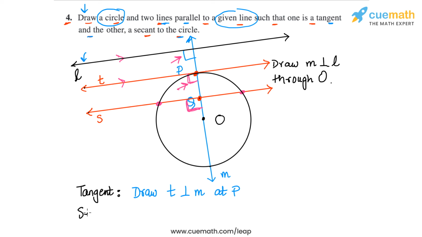And to draw any secant, we take a point Q on the line M inside the circle, and then we draw a line S perpendicular to M at that point Q. That gives us a secant. So this is how you can construct the tangent and the secant required. With this we have completed question number 4.